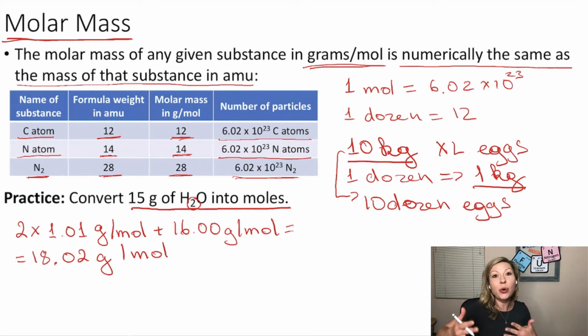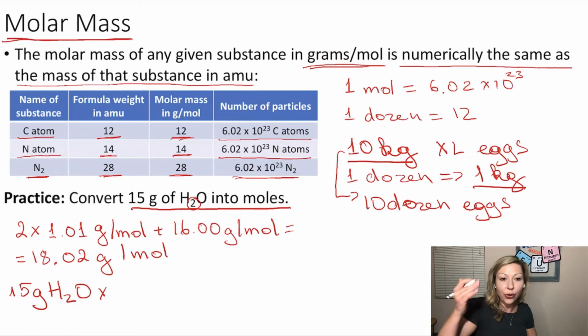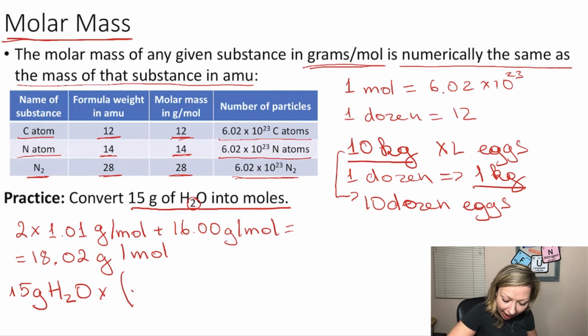Okay, so I know that if I have 18.02 grams of water, that is going to give me 6.02 times 10 to the 23rd water molecules, right? Because that is 1 mole. But how many moles is 15 grams? Well, in order to calculate that, I have to do the following. I know that I have 15 grams of H2O, and I want to convert from grams into moles. So I can again set up a fraction where I cancel out the grams of water and derive moles of water.